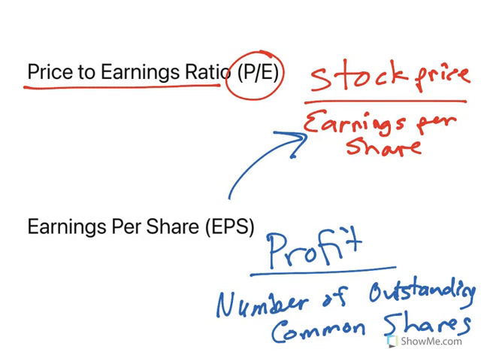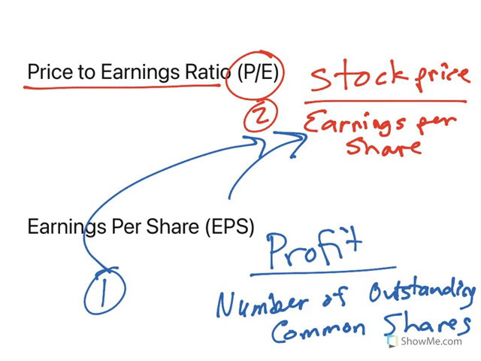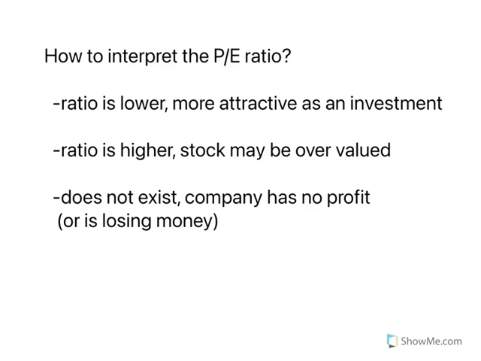Well, if the ratio is lower, that means it's more attractive as an investment. And when I say lower, what does that mean? Well, we're talking below 15. So when you find this price to earnings ratio, if it's below 15, this is more attractive as an investment. If the ratio is higher, and that means above 18, the stock may be overvalued.